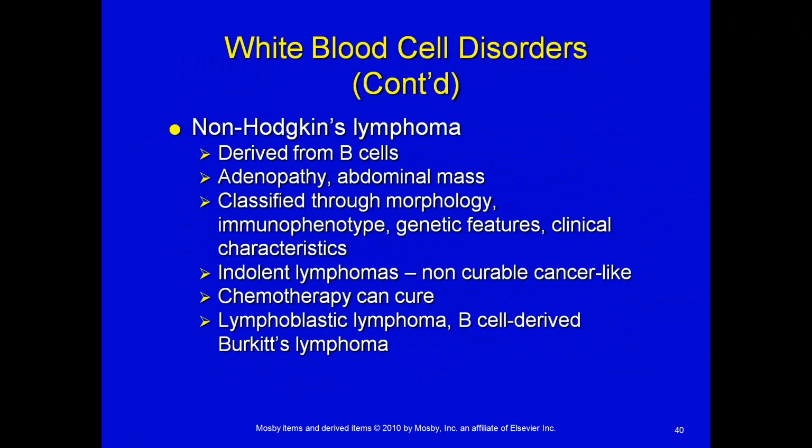In other words, the B-cell involvement is so slow and gradual that it is difficult to kill it all. Non-Hodgkin's lymphoma is also known as lymphoblastic lymphoma, and we said it was derived from the B cells.